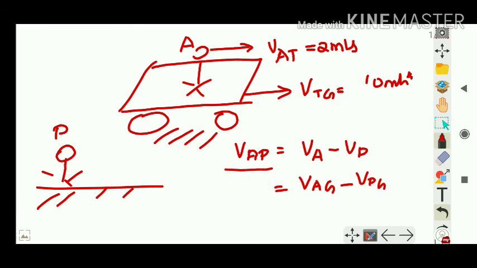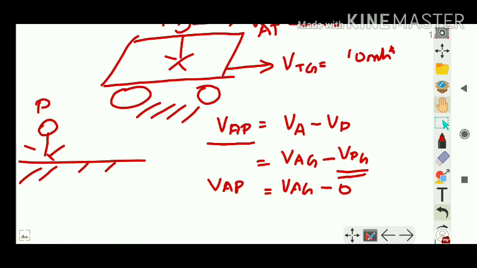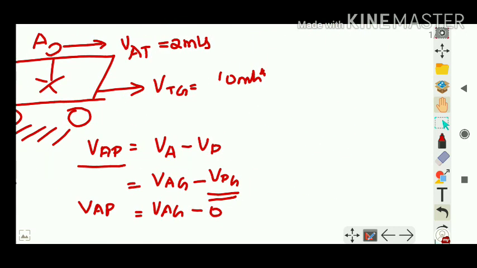What is the velocity of P with respect to ground? He is stationary, so it is 0. So VAP is equal to just VAG. Simple.